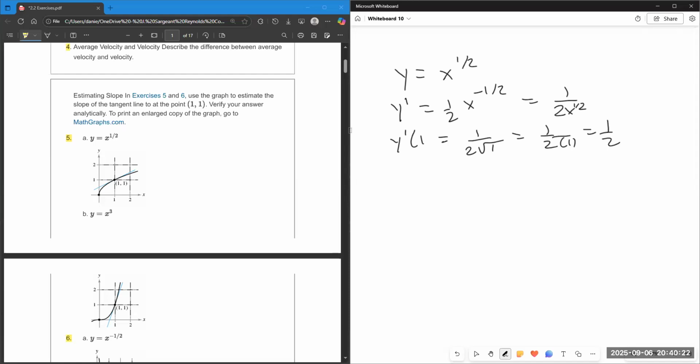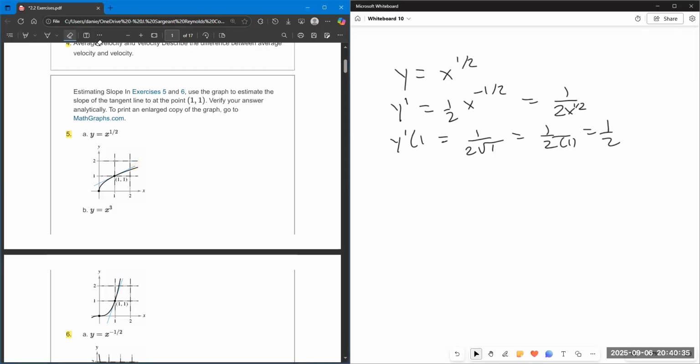It's 1 over 2. So it looks like here we have a rise of 1 and a run of 2 if we would keep drawing that out there. It looks like it would come through right about there. We would have gone up 1 and right 2. So that jives with this slope of 1/2 when x equals 1.